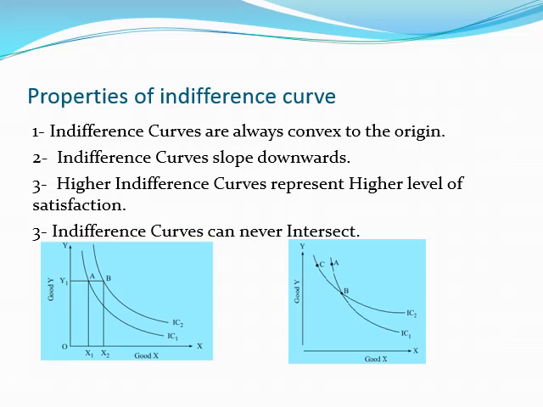So combination D and combination A are on the same curve IC1, and combination C and combination F are also on the same curve IC2, but combination A gives more satisfaction than combination C, and combination D gives less satisfaction in spite of being on the same curve as combination A. Here we notice some confusion.